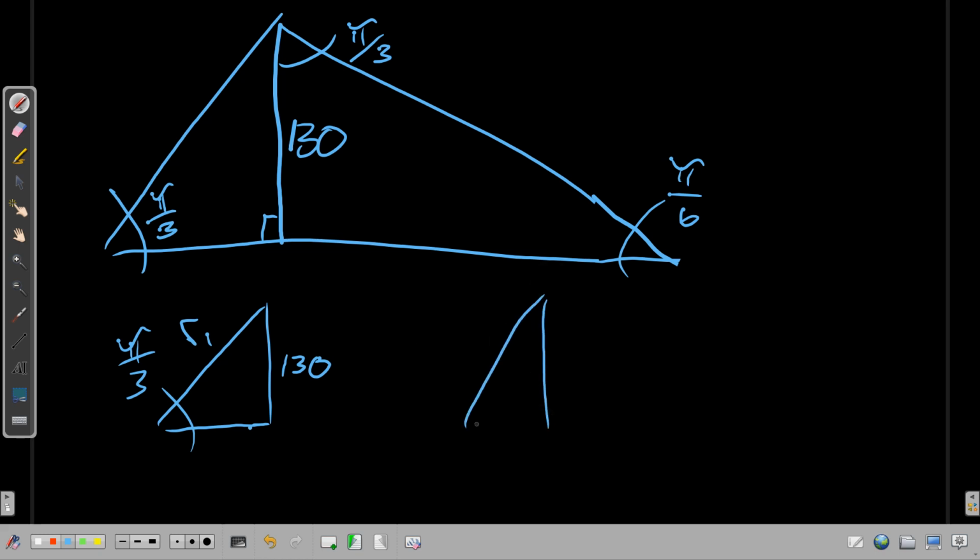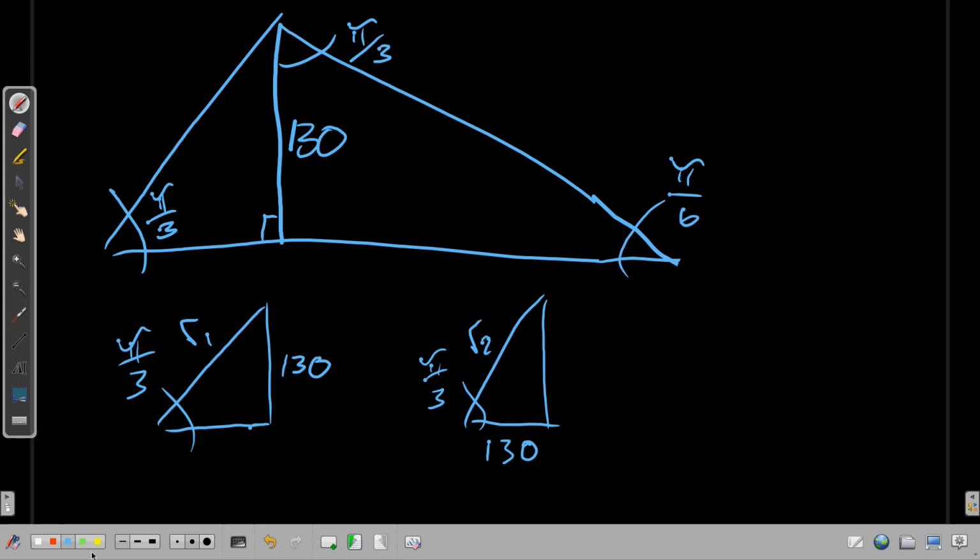And the other triangle has R2 cosine of pi over 3 equal to 130.